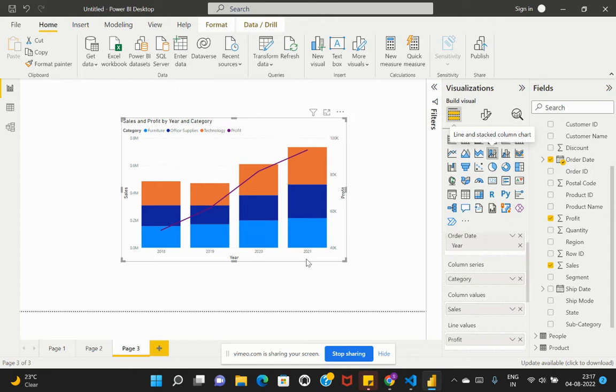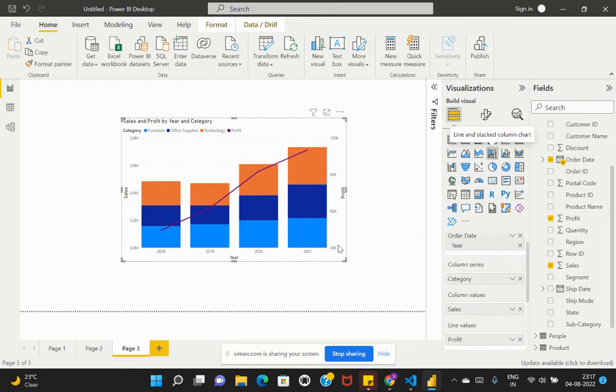This means that you are able to compare multiple measures with different value ranges. This measure has one value range while the second measure has a different value range. However, by using this combo chart, you are able to make the comparison.